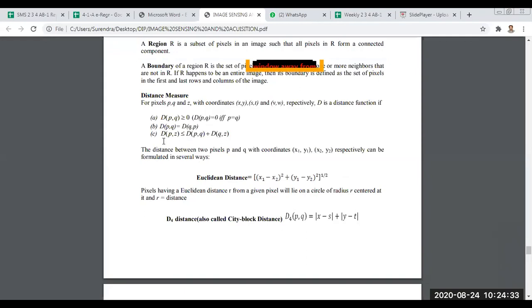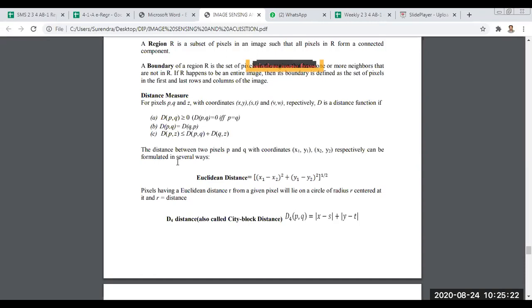Next, the distance between p and z is less than or equal to the distance between p and q plus the distance between q and z. Here we are considering three pixel values, P, Q and Z, instead of two as in the first conditions, where we considered only P and Q. So the distance between P and Z is less than or equal to the distance of P comma Q plus the distance of Q comma Z.